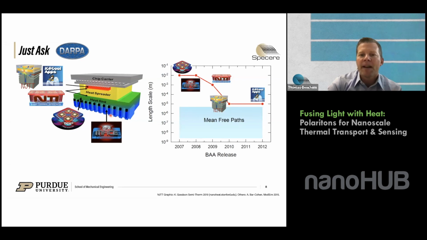If we think about it, that's far away from what's actually getting hot, which is this red chip right here. And they're big. Those things you can physically hold in your hands pretty easily. Those programs were successful. They increased our cooling capabilities, but they just didn't get us as far as we would like to go.